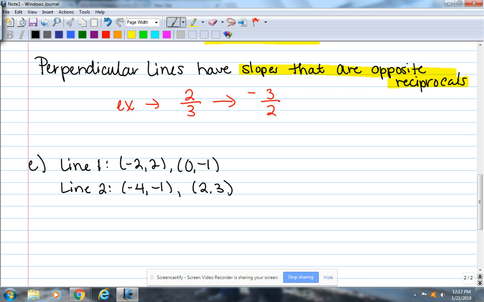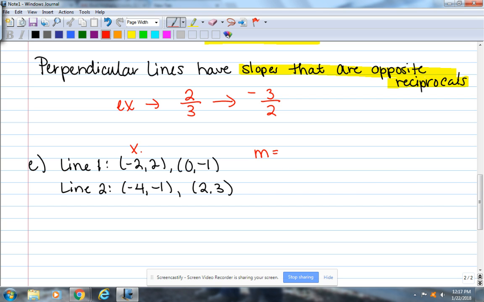So what we need to do is find the slope of both of those lines. And we are going to compare the slopes to see if we have lines that are parallel, lines that are perpendicular, or just two regular lines that will intersect that are neither parallel nor perpendicular. So we're going to use our formula twice for each problem.